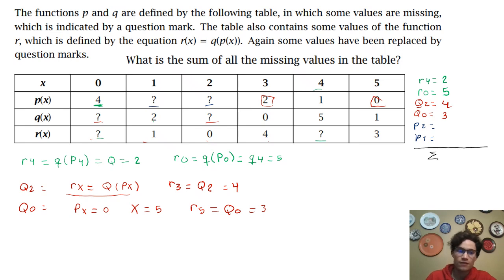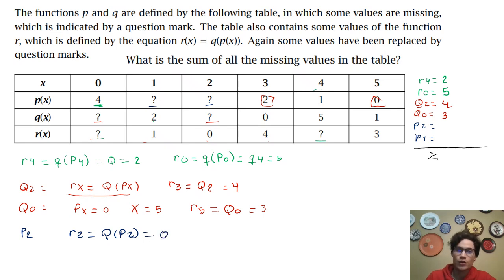Now let's go and find the last two values, P2. How do we find P2? So R2 is equal to Q of P2. R2, let's see, is equal to 0.